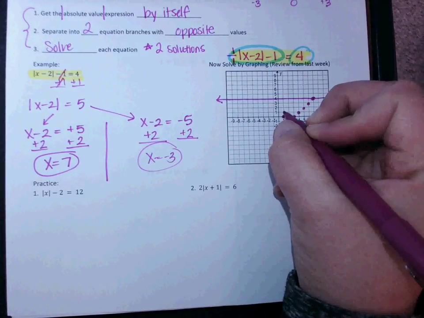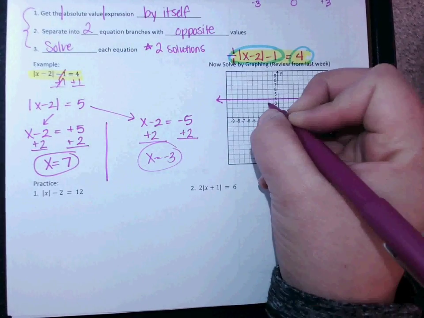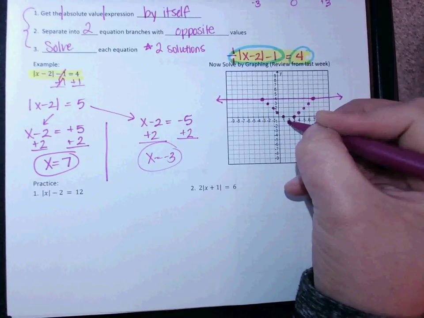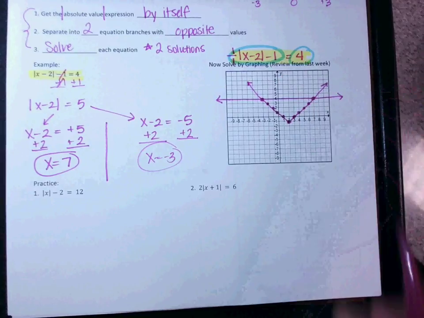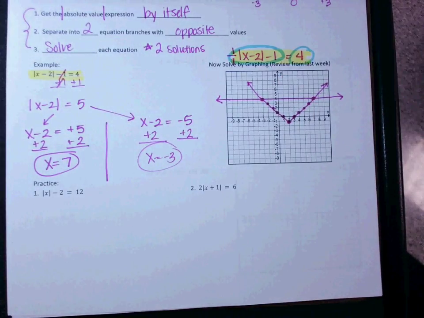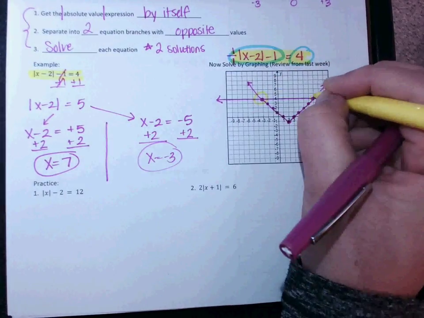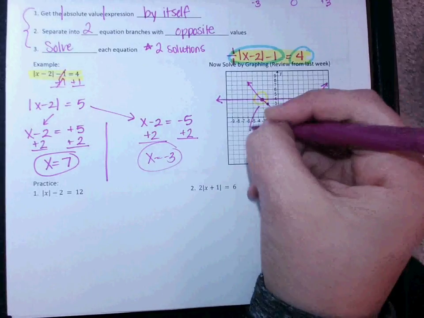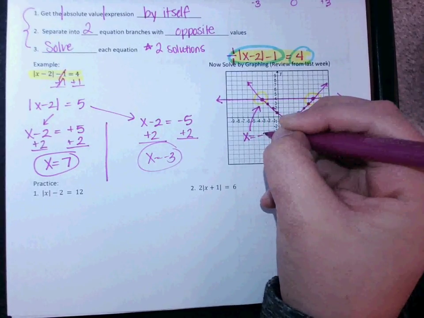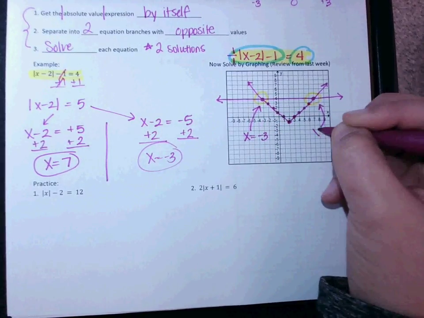So up and back, up and back. And then remember that when you are solving by graphing, you're looking for the intersection points. Where are the 2 places that our v and our straight line cross each other? Very good. On this side, x is negative 3. On this side, x is 7.